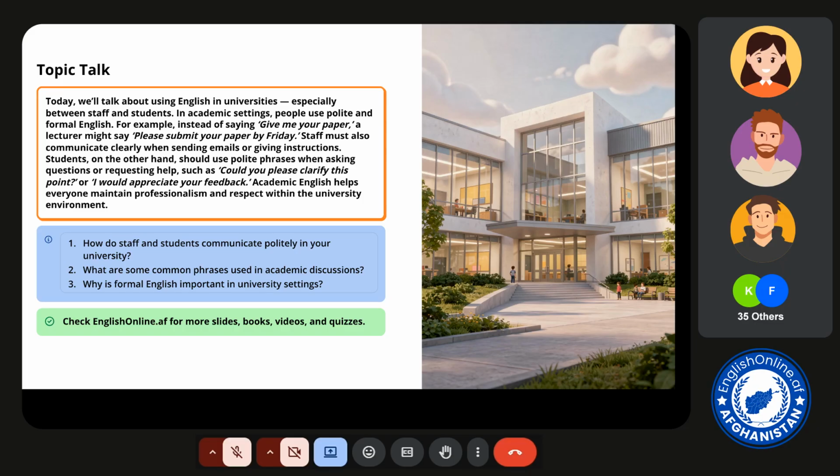Also, we can better understand if we know formal language. We can better understand any lecture, any explanation. Also we can get good grades in exams. It's my opinion.